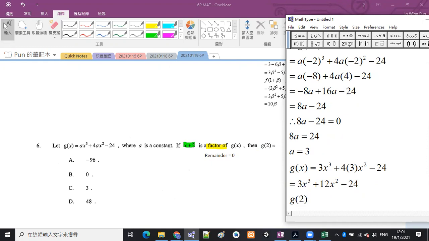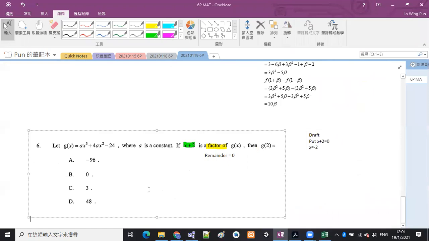So g(2) is just equal to 3 times 2 cubed plus 12 times 2 squared minus 24. This is a pure number, and you may use the calculator to help you. So it should be equal to 48. So the answer is option D.